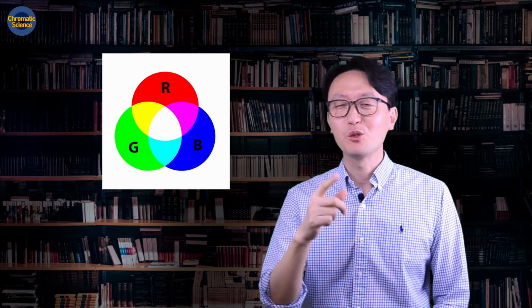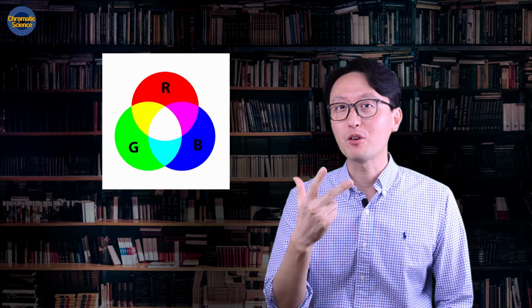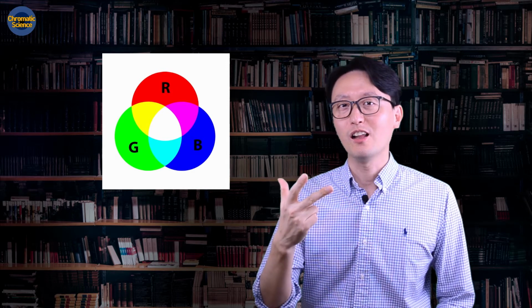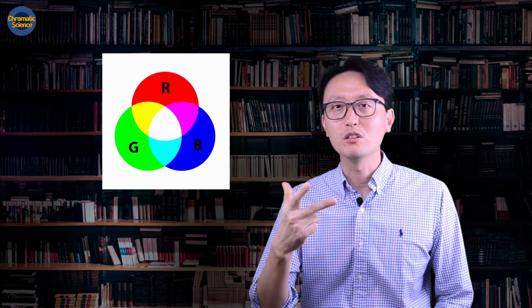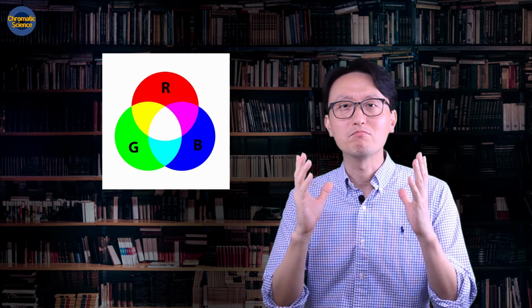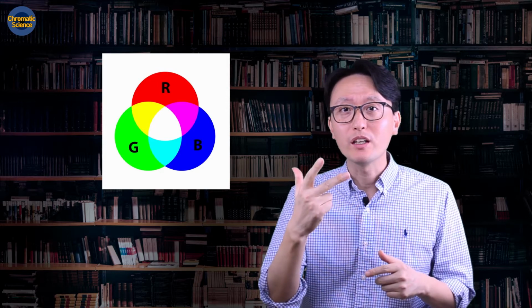Why do we have to use these three colors, RGB, as three primary colors of light? Can we not use other colors like yellow, purple, orange? Is there any special physical property in these three colors RGB? As you can see in the spectrum of light, RGB colors are just three colors among these many colors.